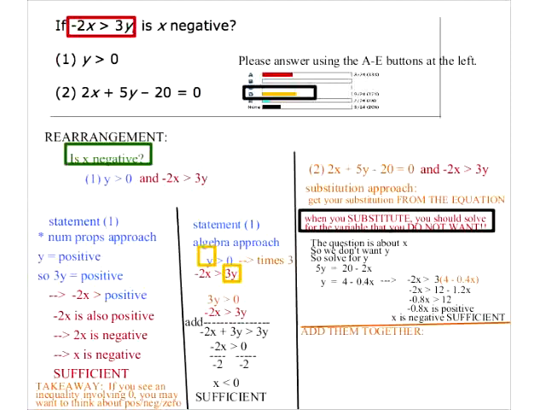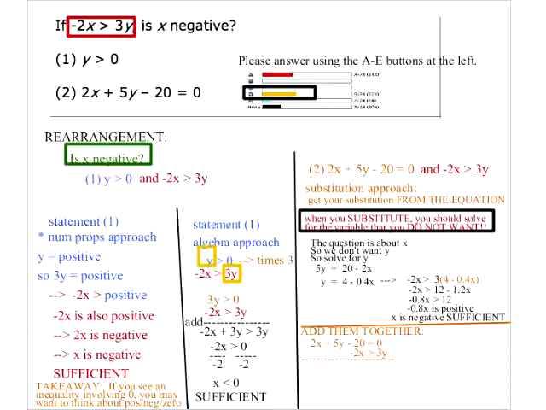So you've got 2x plus 5y minus 20 equals 0. And you also have negative 2x is greater than 3y. These can be added. You can't add together opposite inequalities, but you can add together two inequalities that are the same, and you can add together an equals and an inequality.